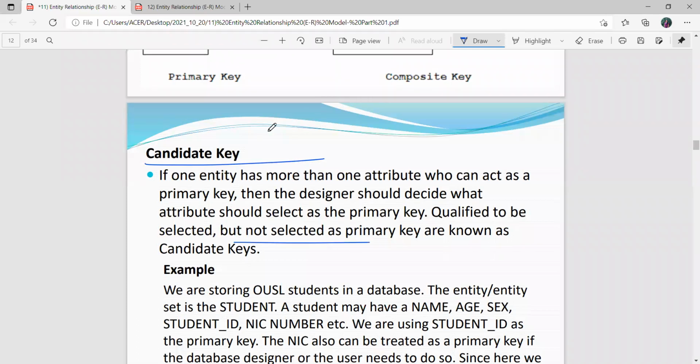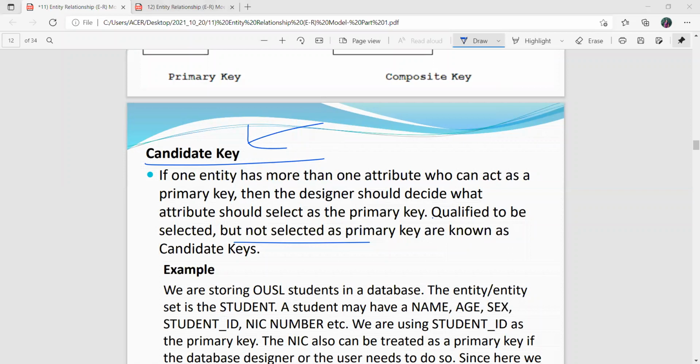If one entity has more than one attribute that can act as a primary key, then the designer should decide which attribute should be selected as the primary key. So there are some keys that are qualified to be selected, but not selected as the primary key. Such keys are known as candidate keys.